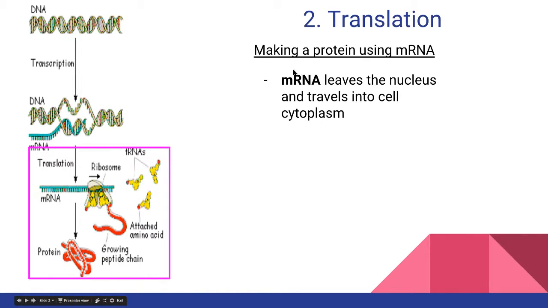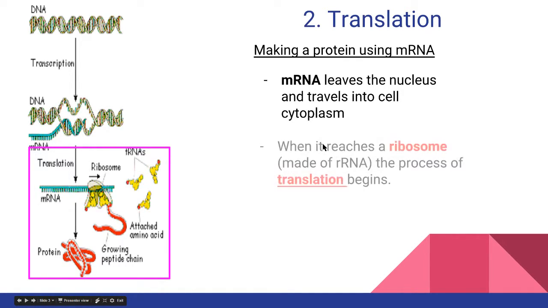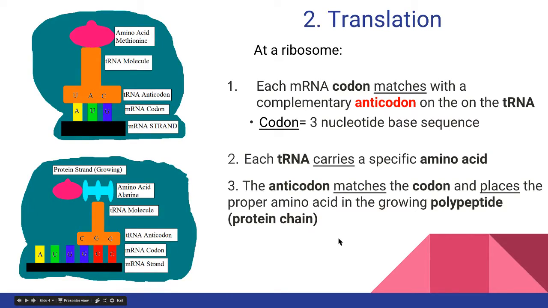So that's why mRNA is a key factor in this whole process, because it can leave the nucleus unlike DNA. So it goes into the cytoplasm, then it'll attach to this organelle called a ribosome, which is made of rRNA, and the process of translation begins.